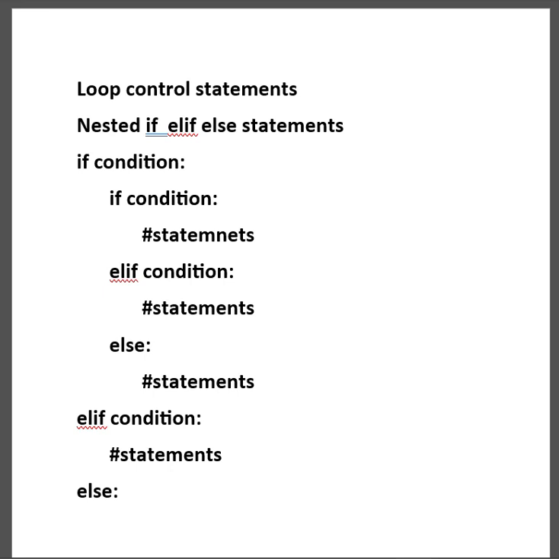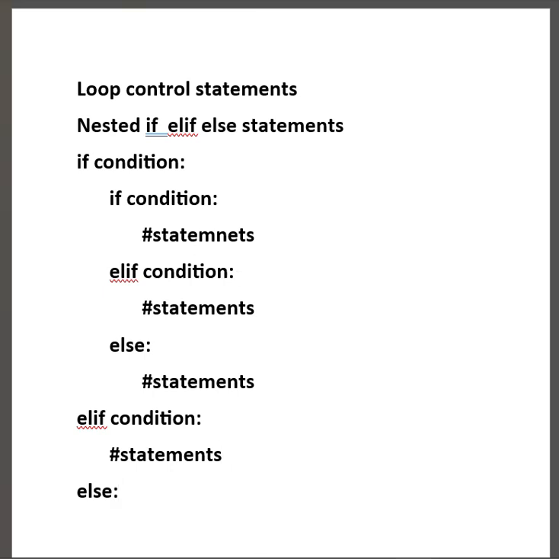The condition is: if the person's age is greater than or equal to 18 and he has an ID card, he is allowed to enter the exam hall, else an ID card is required. If his age is less than 18, he is not eligible to enter the classroom. Okay, this is the question.